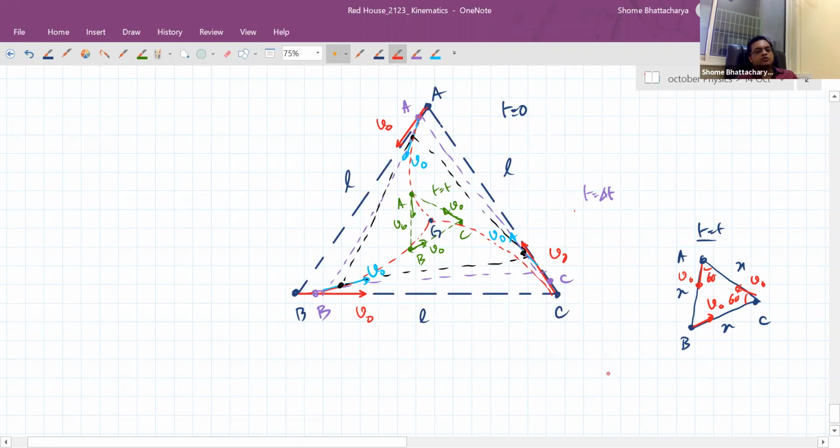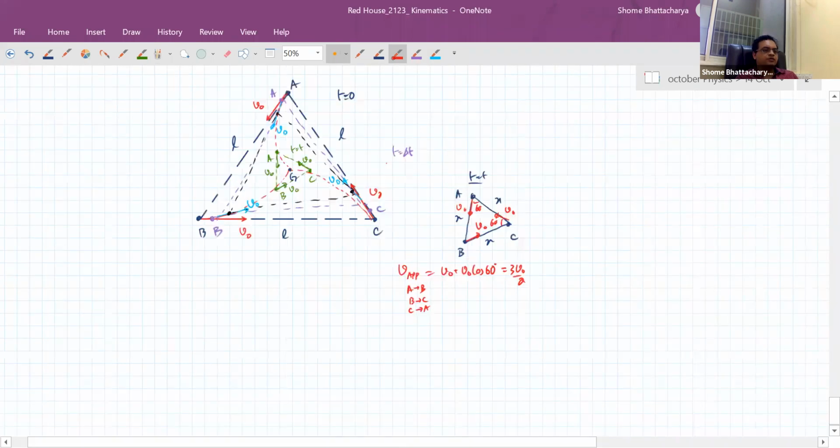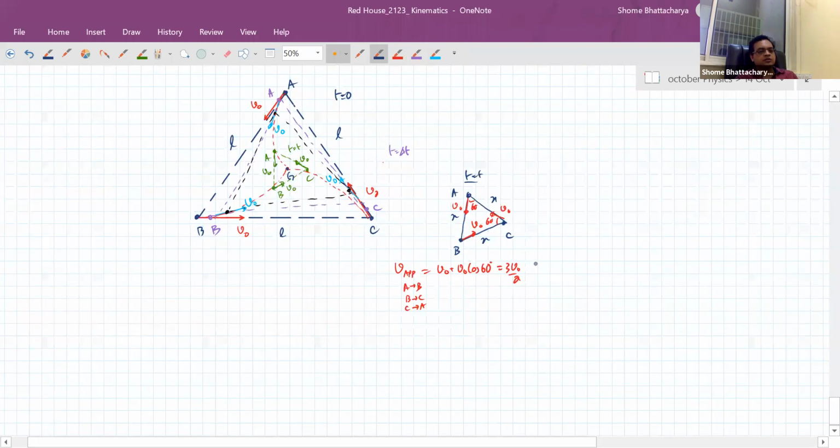Okay. So approach velocity of A towards B or B towards C or C towards A is all constant. It's a uniform approach velocity. Yes, very good. That's correct. So this is a typical type of example where we have to use the concept of approach velocity. So this is a uniform approach velocity.